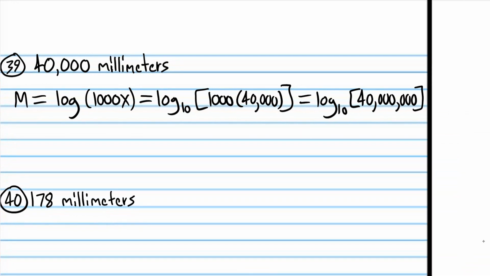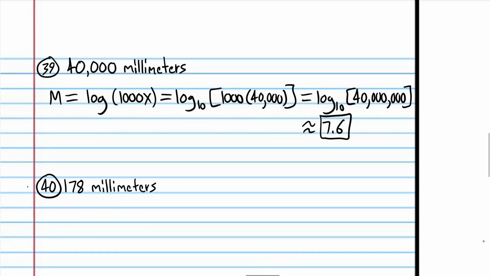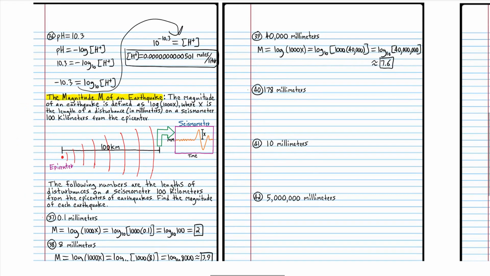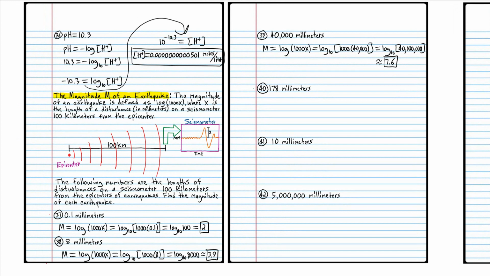So I have 40 million in my calculator, and I'm going to press the log base 10 button, and we see that that's approximately a 7.6 earthquake. Now that's a huge earthquake, very large, so big that most instruments probably won't be able to even measure that. So I want you to try number 40, and when you come back, we'll do it together.